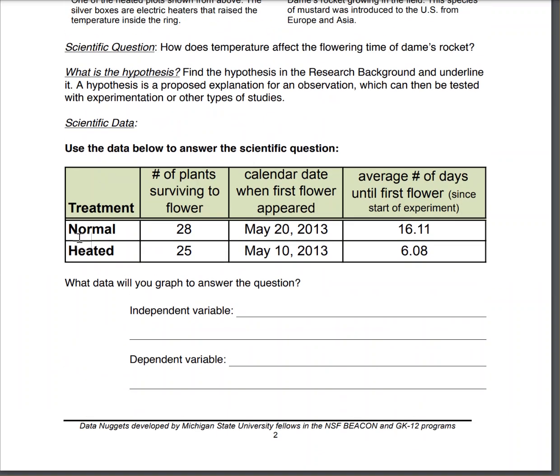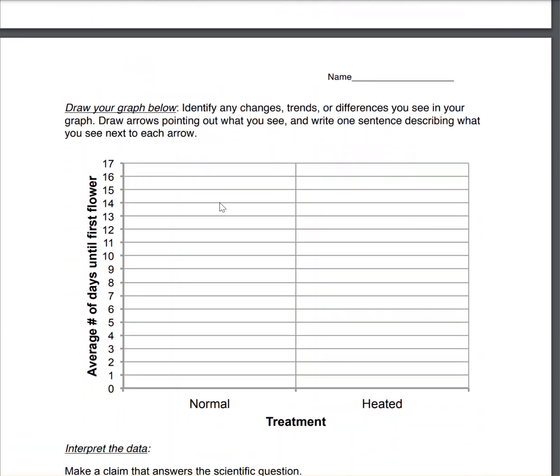So here's our normal plot. This is the number of plants that survived. So that's not what we want. We want the average number of days until first flower. So that was 16.11 for the normal plot. So we're going to come back over here, find 16.11, which is going to be right above the 16 line, and we're going to color in everything below that because we're going to make a bar graph here. Okay, so you would color everything in below this.